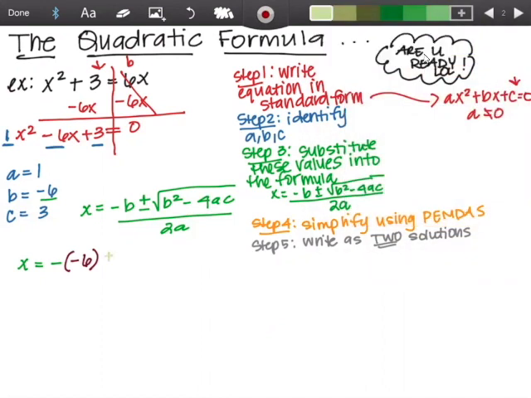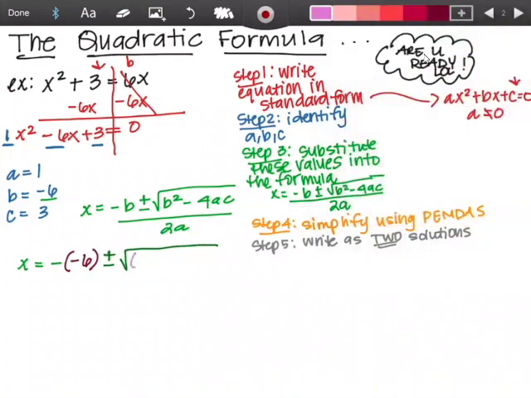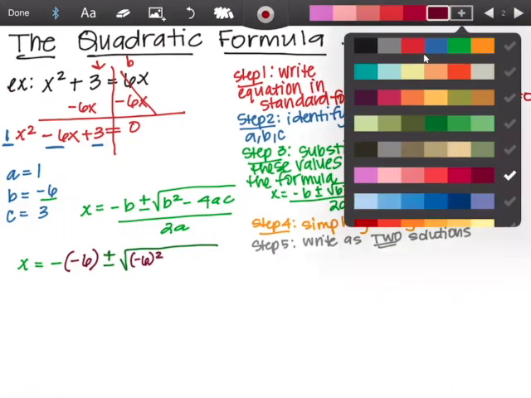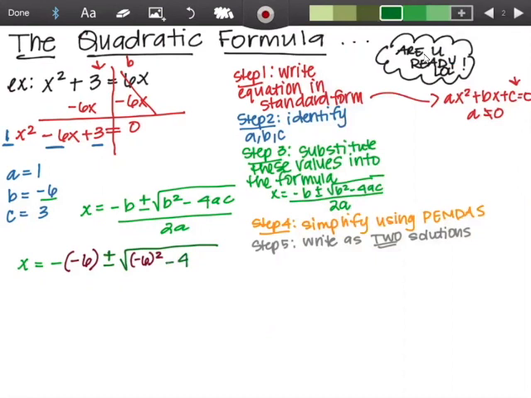Okay, plus or minus the square root of b squared. So b is negative 6, so negative 6 squared. All right. And then we're going to have minus 4 times a.